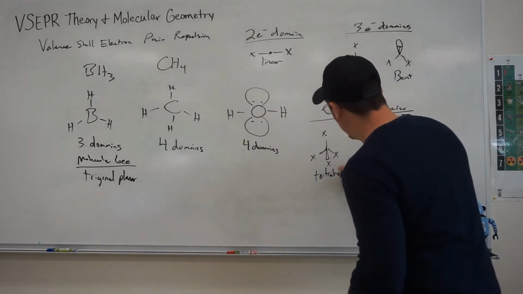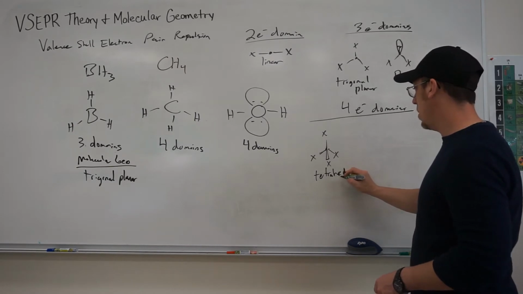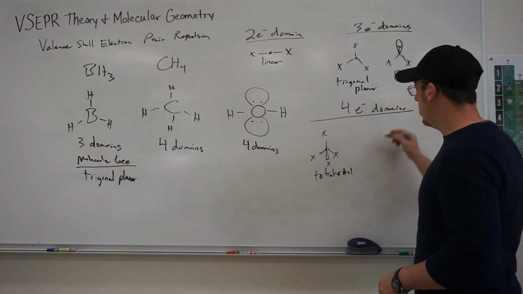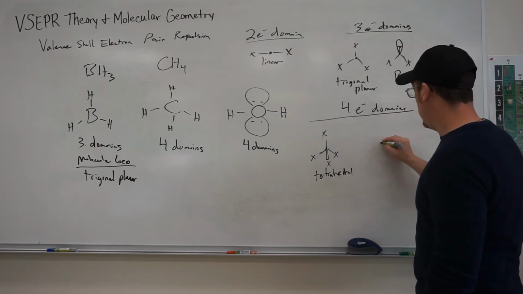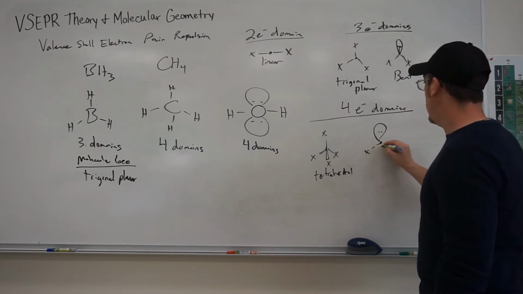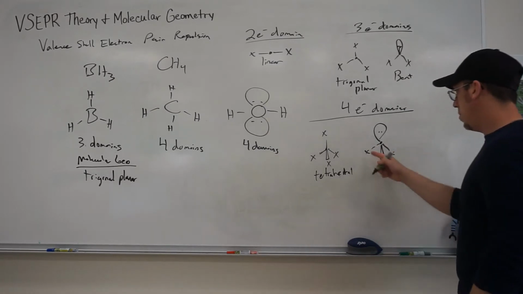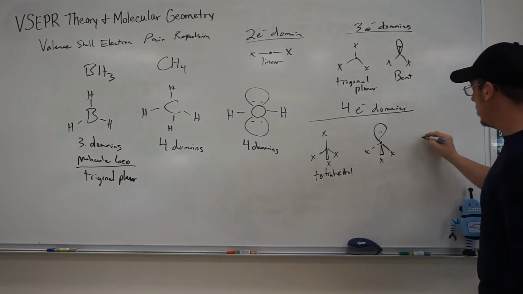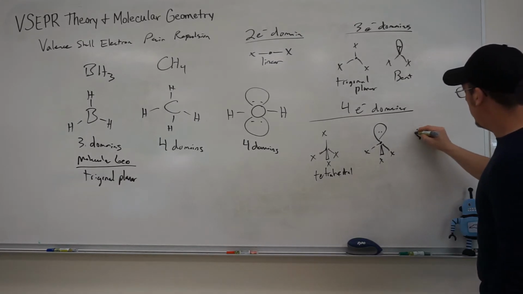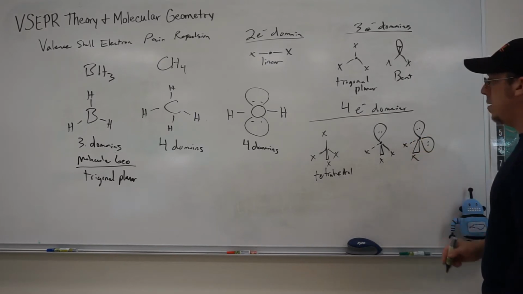That's spelled T-E-T-R-A-H-E-D-R-A-L. The second one is going to have a lone pair on the top, and then you're going to have your three bonds down here. And then the last one, you'll have a lone pair on top, a lone pair here, and then your other two bonded atoms here.